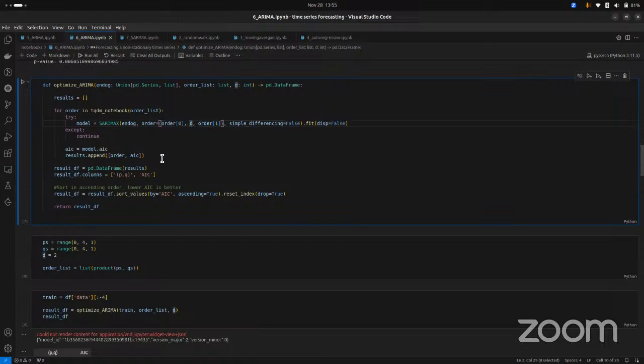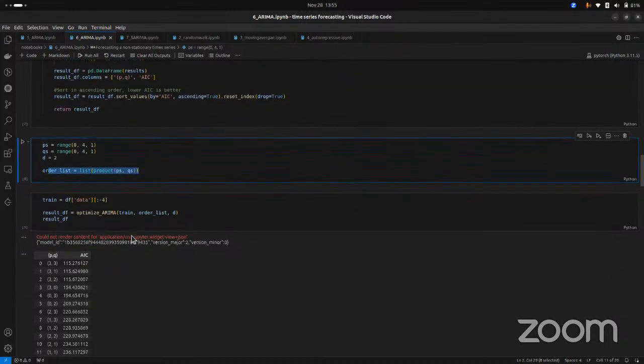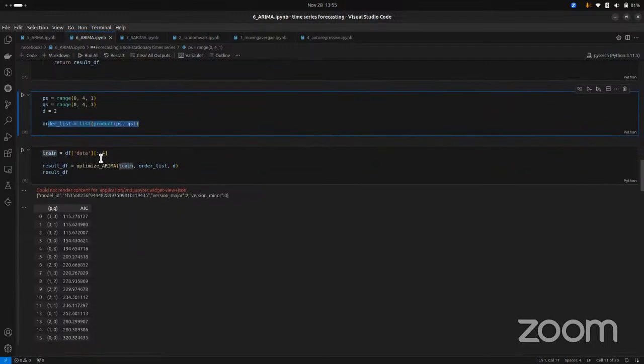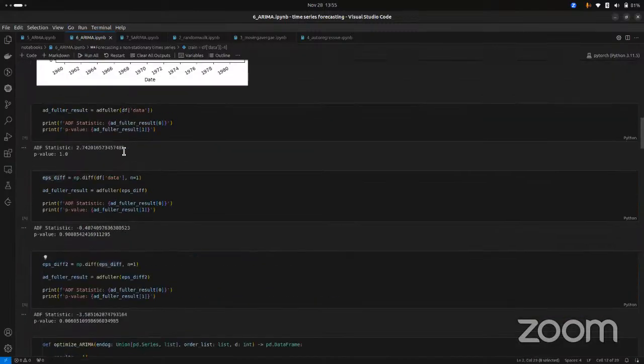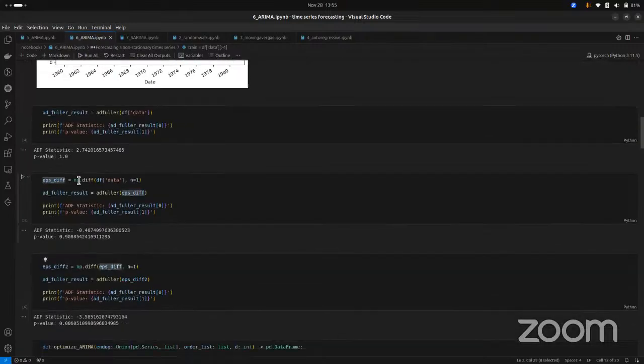So now we're creating our list of P's, our list of Q's. We have our D as 2, and we create a list of P's and Q's. Okay. So we create our training sets, right? Remember, we have to get a train set. So what we're going to do is just remove the last 4 quarters. That means the last year, right?